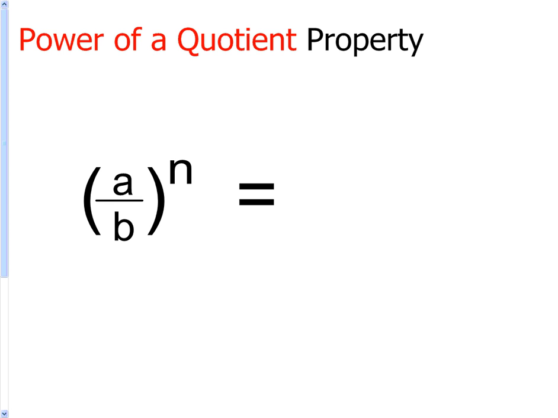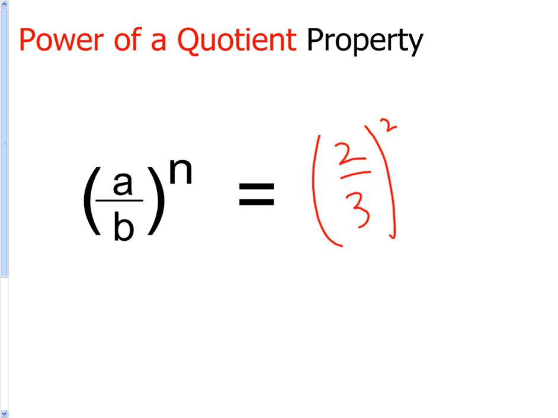Power of a quotient. This is a fraction, and the fraction is being raised to an exponent. Well, this is fairly simple. If I want to make myself a little mini bite-sized problem that's like this, I could say it's 2/3 to the second. Right? That's a nice simple problem with numbers. What can I do to get this to multiply out?